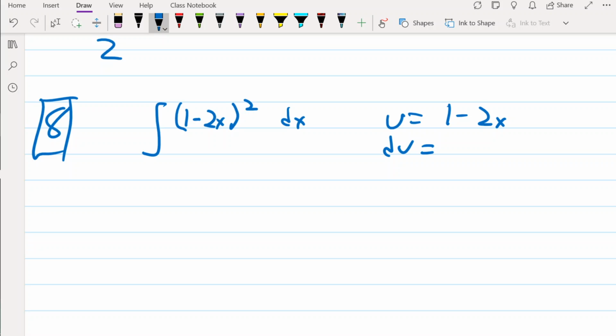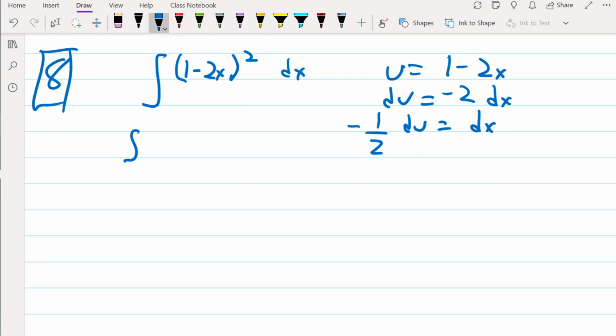Our du is going to be opposite 2 dx, so in terms of dx that means opposite 1 over 2 du.